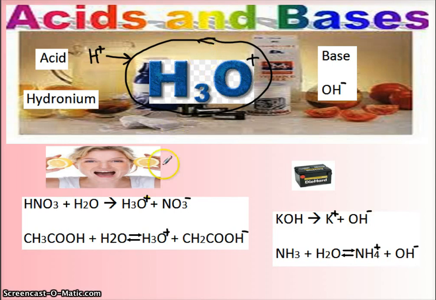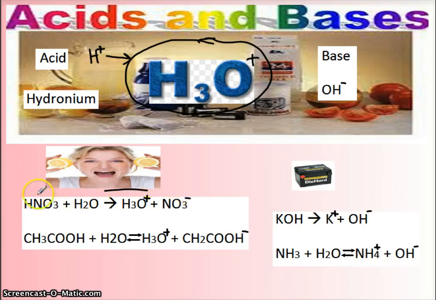But let's take this formula down here. We have HNO3 plus water turns into H3O. See, it donates a hydrogen, and you're left with plus NO3, which now is an ion.